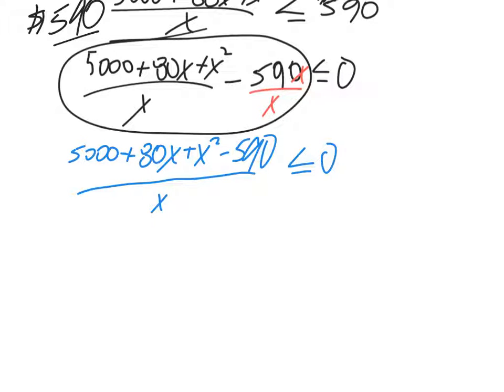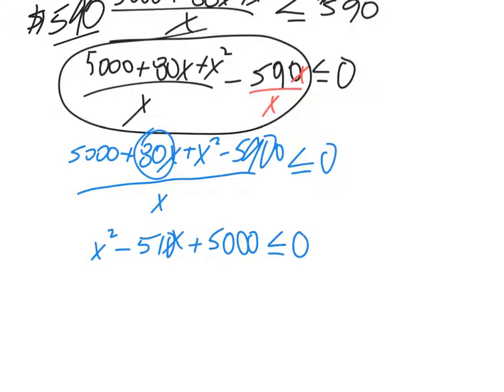Now I can combine like terms. So I get x squared minus 510x, because I'm combining this was a 590, plus 5,000 is less than or equal to 0.